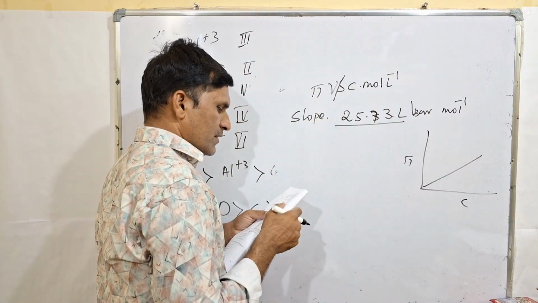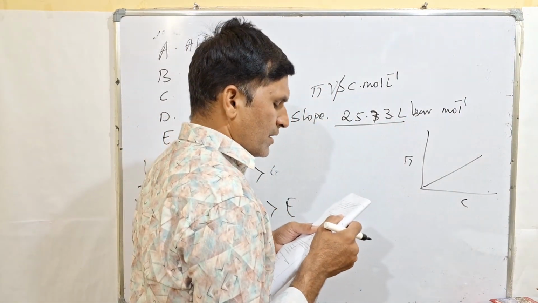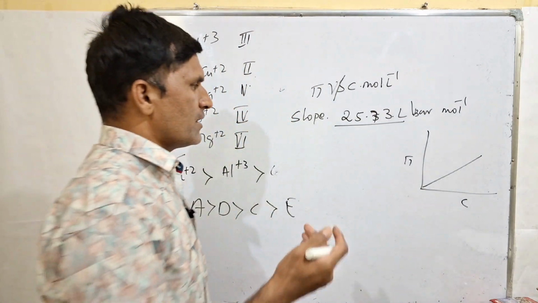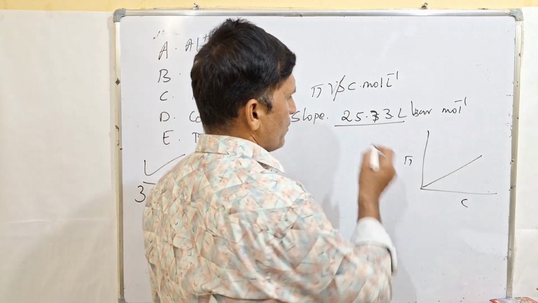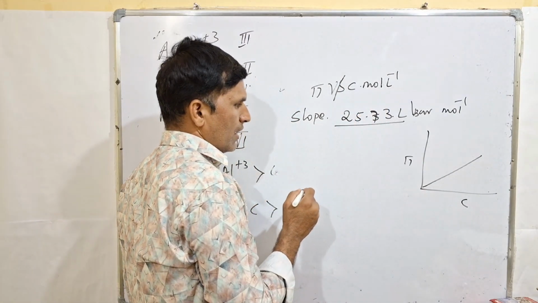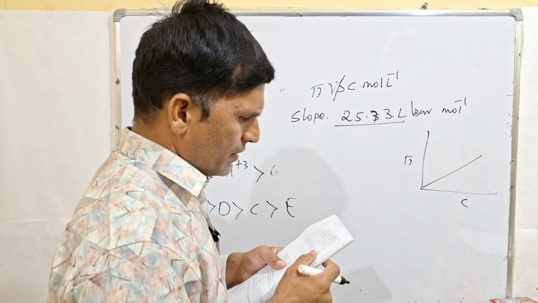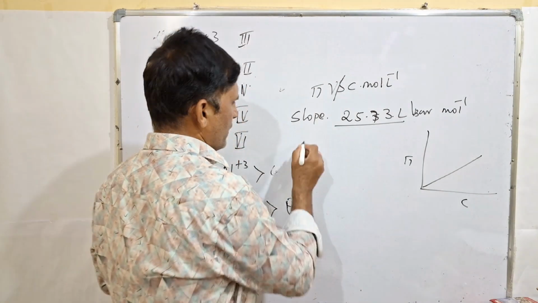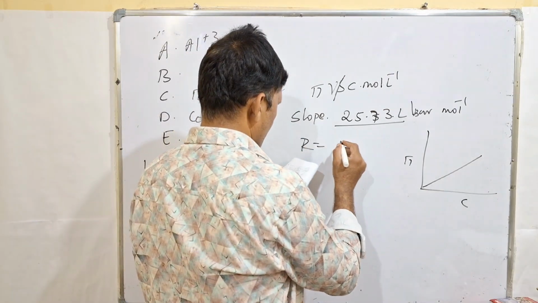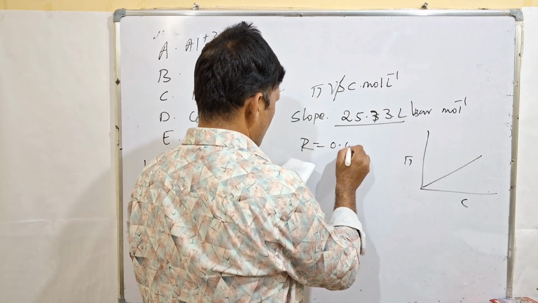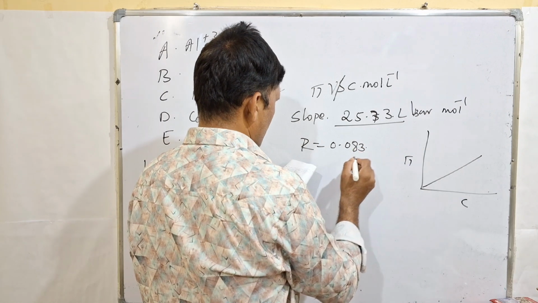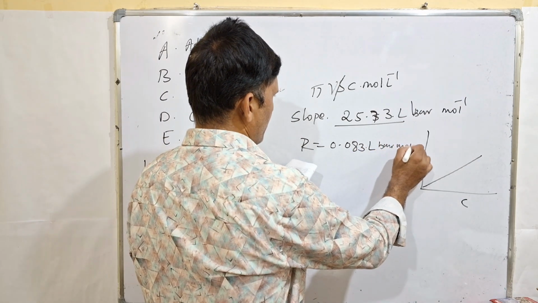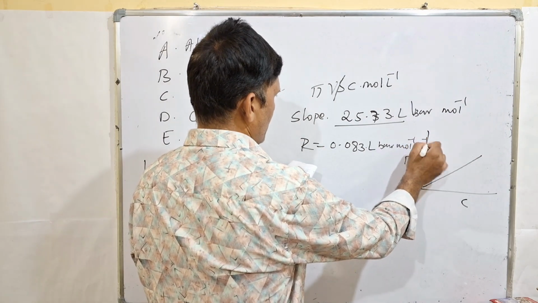Then he asks the temperature at which the osmotic pressure measurement is done. By looking at these values, we can calculate. They have given the R value, 0.083 liter bar per mole per Kelvin.